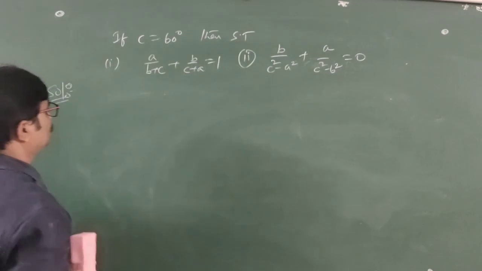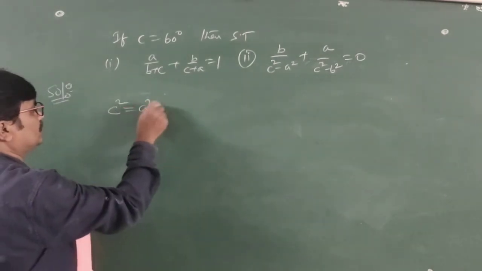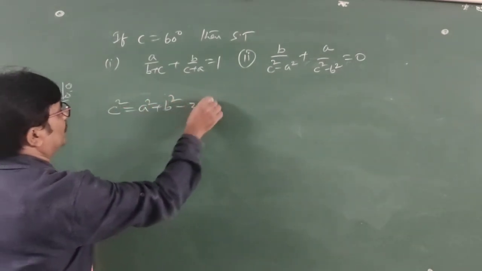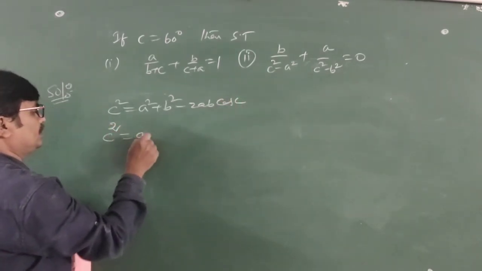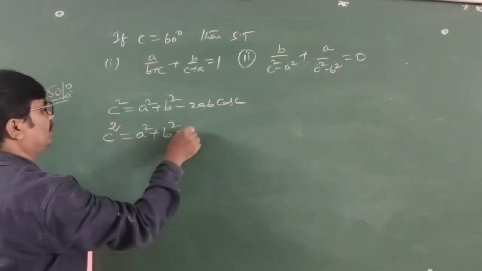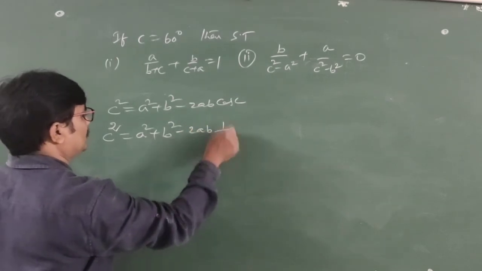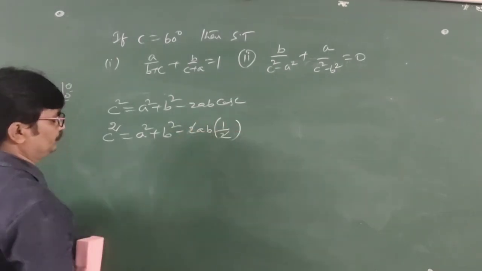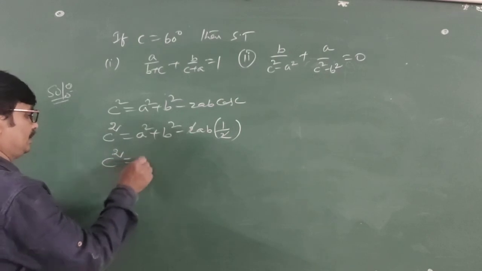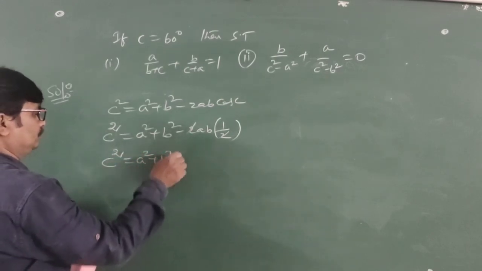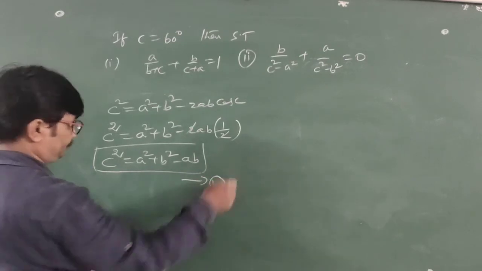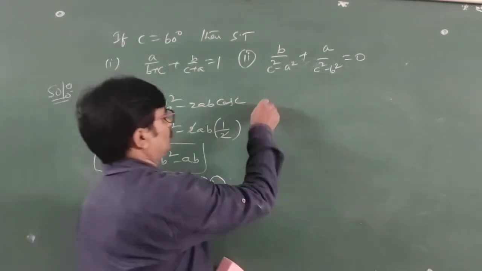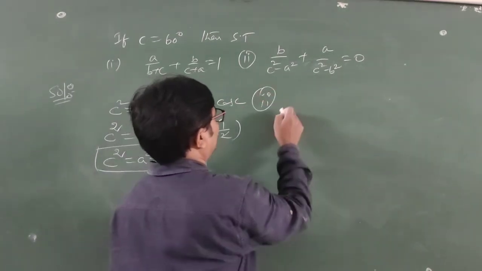What is it, students? c² = a² + b² − 2ab cos C, so c² = a² + b² − 2ab cos 60 = a² + b² − ab, that is equation 1.